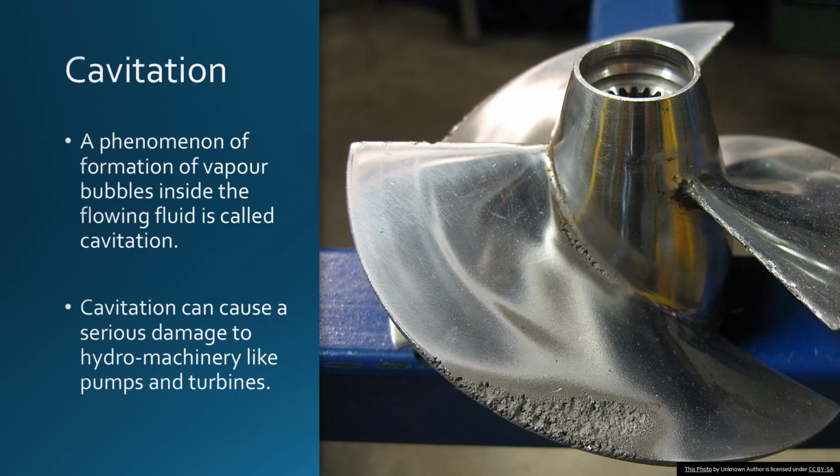The last term we want to define is cavitation. Cavitation is a phenomenon of formation of vapor bubbles inside a flowing fluid. It happens under certain conditions inside a pressurized flow system.